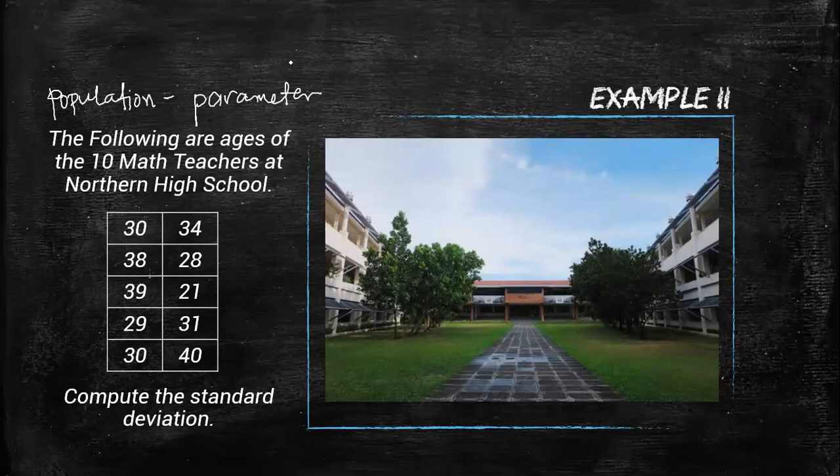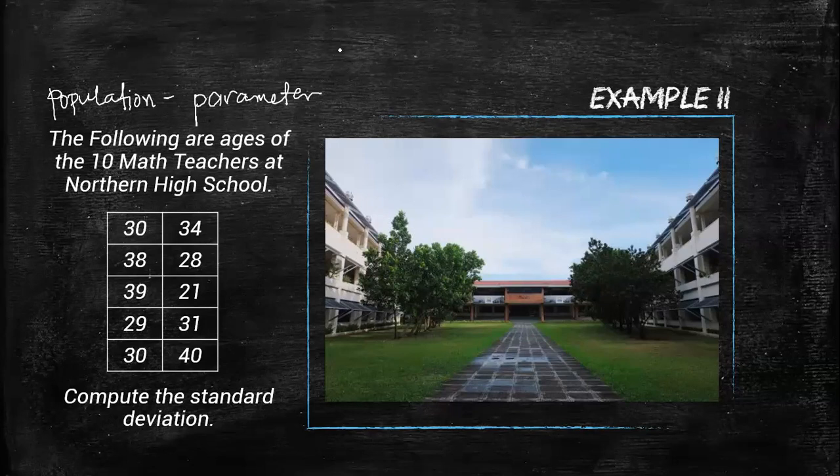Paano natin compute yung standard deviation? Of course, dadaan tayo sa mean and dadaan tayo sa variance. Now, class, since I have shown you how to solve for our variance and mean and even the standard deviation of a parameter, ngayon class, kayo na naman yung gagawa.